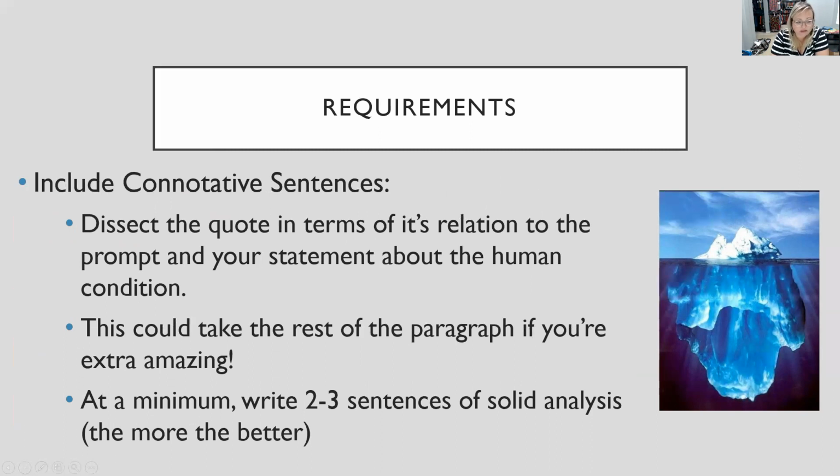So this could take the rest of the paragraph if you're extra amazing, and at a minimum, you want 2 to 3 sentences of solid analysis. And we will talk more about the difference between analysis and summary in class, but make sure you're looking at analysis and avoiding that plot summary, which should not be in your connotative sentences.